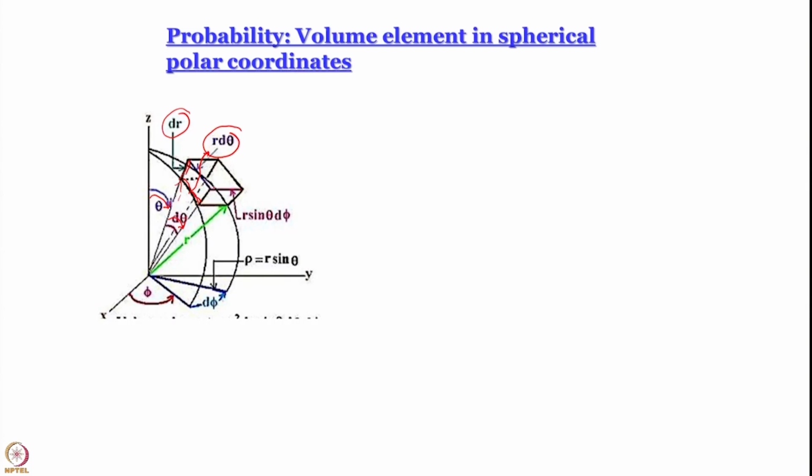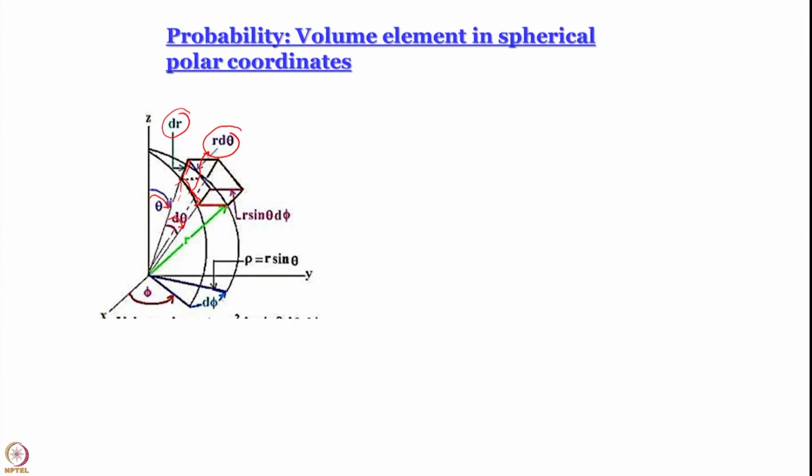This is again something that we learned in very simple 3-dimensional coordinate geometry in 11-12. The expression for the length of an arc, r d theta. So, two sides of the volume element are defined. Now, the third side is this one.